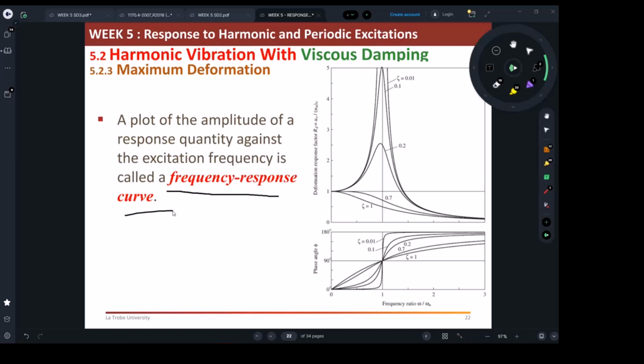And you may ask me, how do they do these curves? They just use Excel. They keep changing, for example, the damping ratio, and the properties here over time.